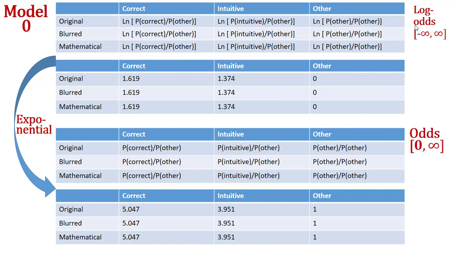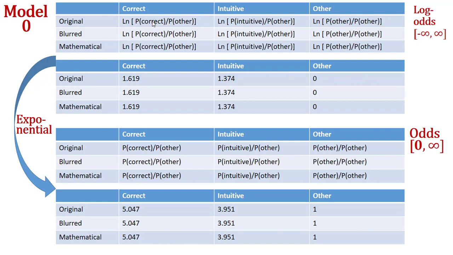Now, what are log odds? We are going to predict the natural logarithm, ln is the natural logarithm, and I'm going to explain that a bit later, of the ratio of two probabilities.